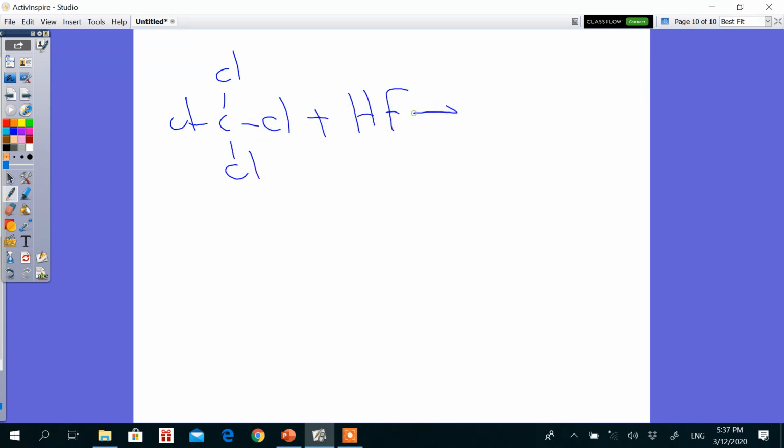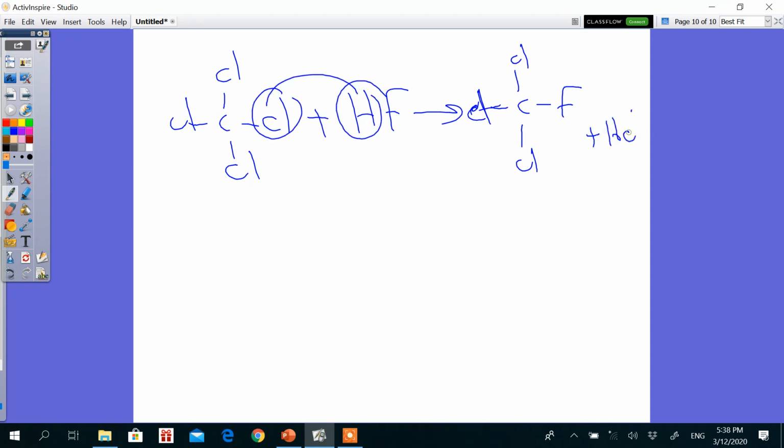If I have tetrachloromethane with HF, in page 701 you will find that example. I have C with Cl, Cl, Cl, and Cl, with HF. I can substitute that and produce F, plus here Cl is still the same, and plus the binary acid HCl. Trichlorofluoromethane, that's my product.